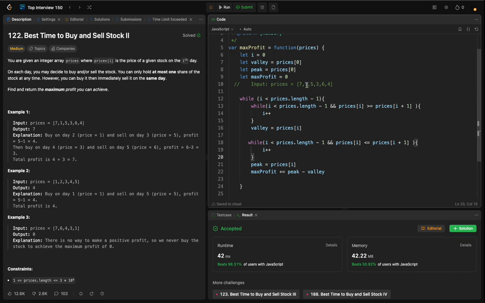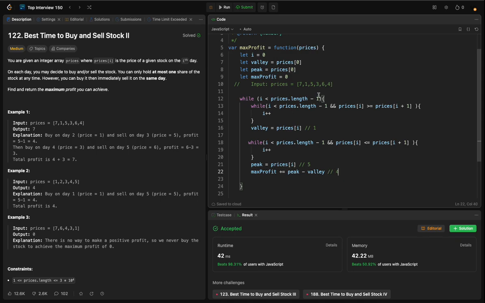And we want to find the peak, which will be the element that is bigger than its next. So the peak will be 5. Right now to the max profit we will add 5 minus 1, which will be 4.